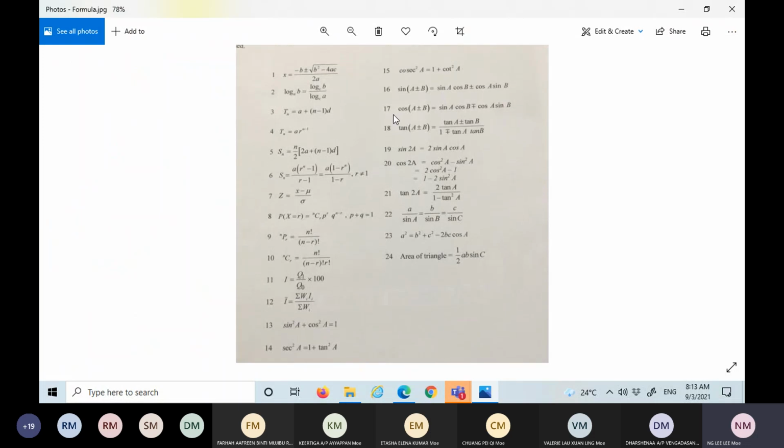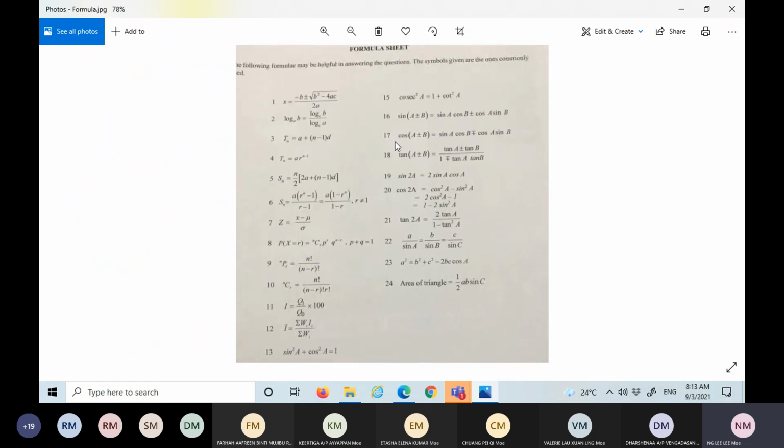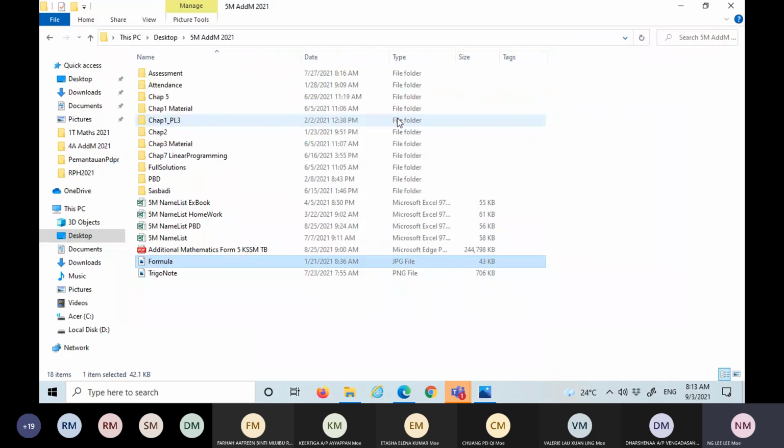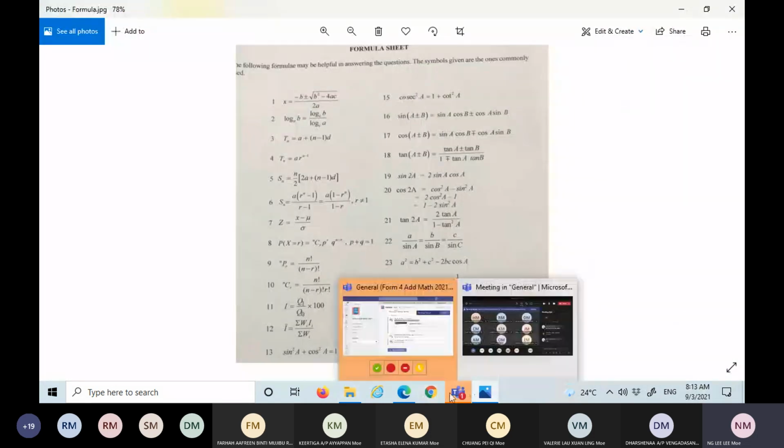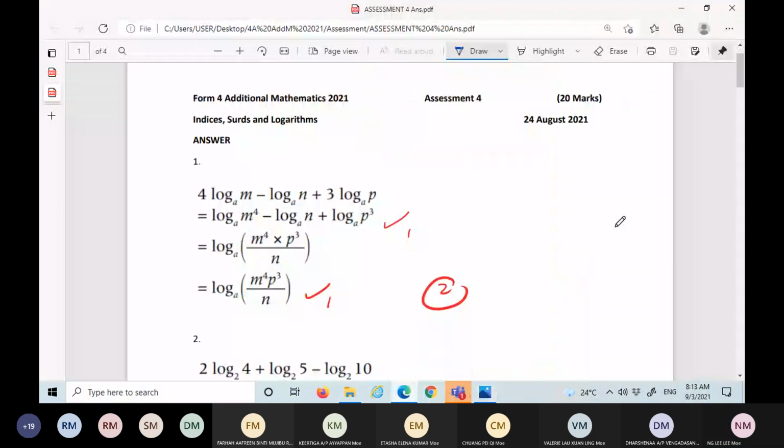No, it's not given, sorry. For log, they only gave you change of base. That's all. It's not given, so you got to memorize by yourself. So I will go and correct the formula.